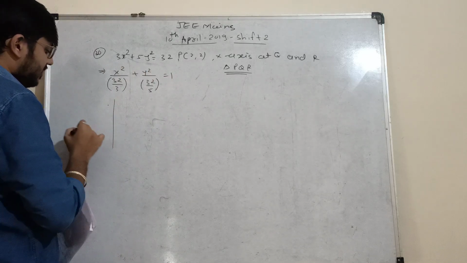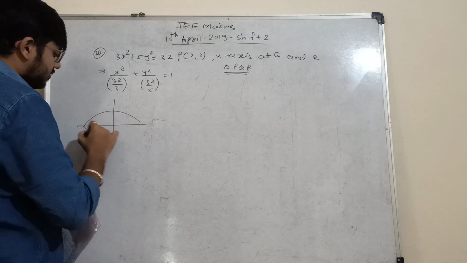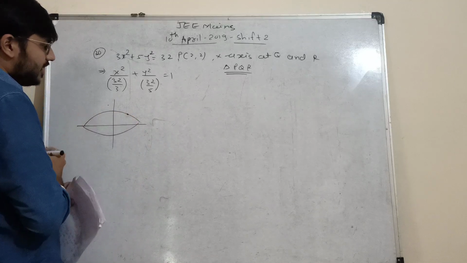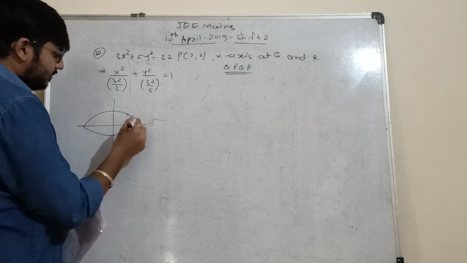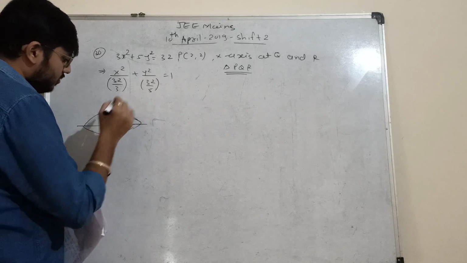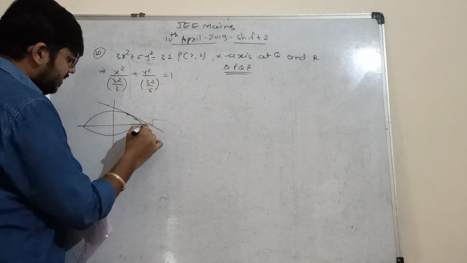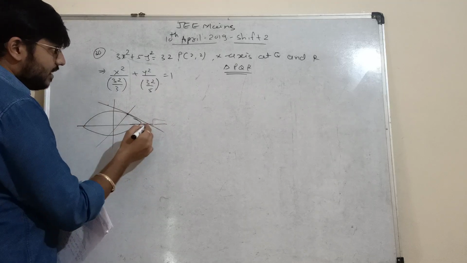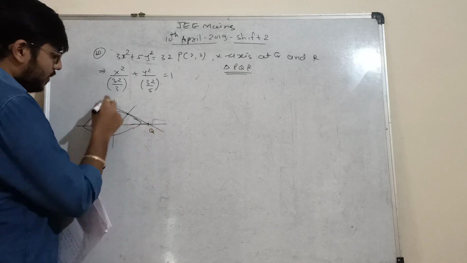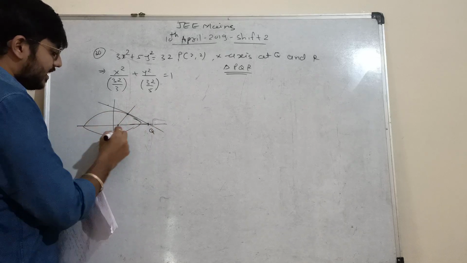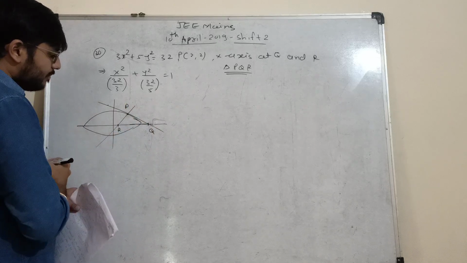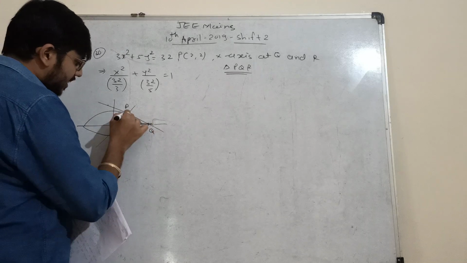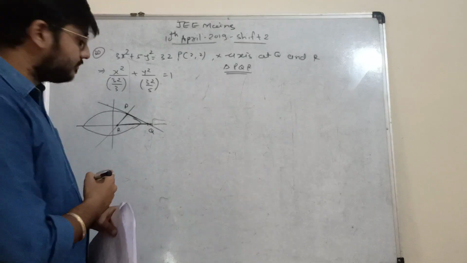So if we have an ellipse like this, and here some point is (2, 2). At point (2, 2), if I plot a tangent and a normal, the tangent will cut the x-axis at point Q and the normal will cut the x-axis at point R. And if this is the point P, we want to find the area of triangle PQR.